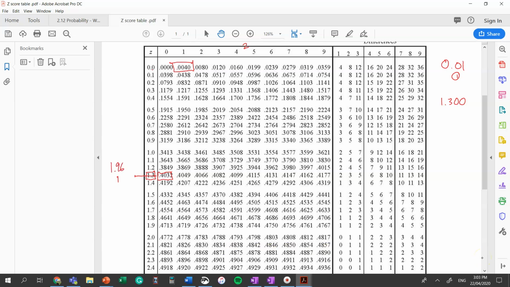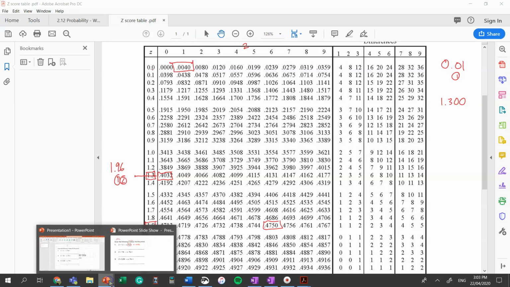The first decimal place is 9, and the second decimal place is a 6. So we follow down the column and get to 1.9. That tells us the row we need to go along, and because it's a 6, we go across all the way until we get to here. Therefore the answer for that must be 0.4750.